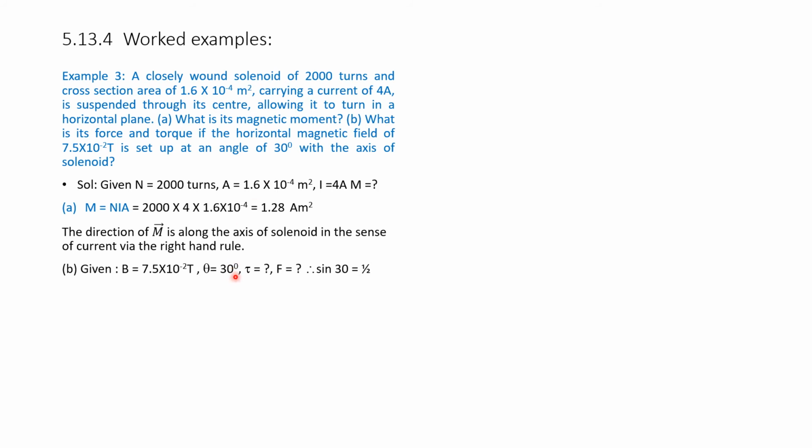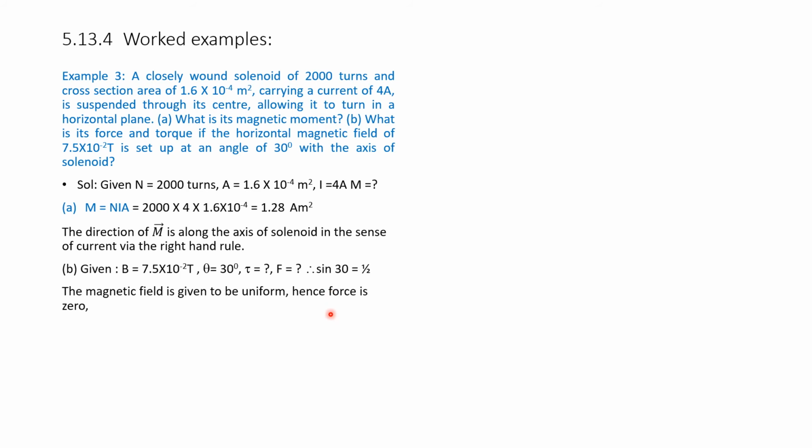Theta is equal to 30 degrees. Tau is equal to what? We have to find out force. And then sin 30. We know the angle is given as 30 and from our knowledge of trigonometry, we know sin 30 is equal to half.